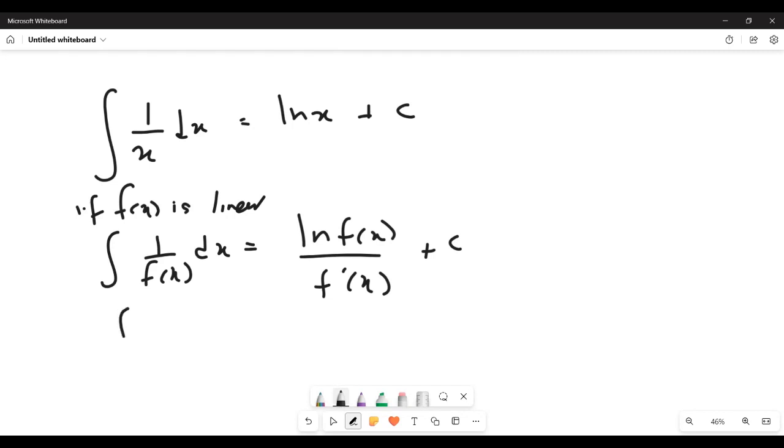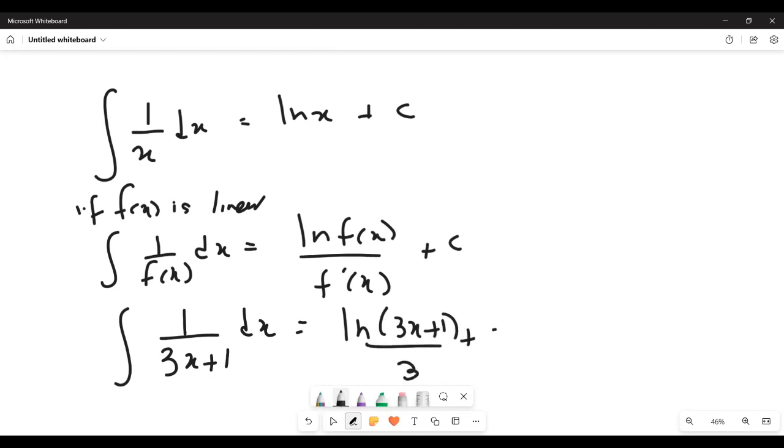That is, if you have integration of 1 upon 3x plus 1 dx, that's going to be natural log of 3x plus 1 upon 3 plus c.